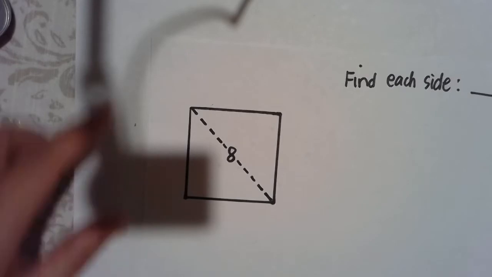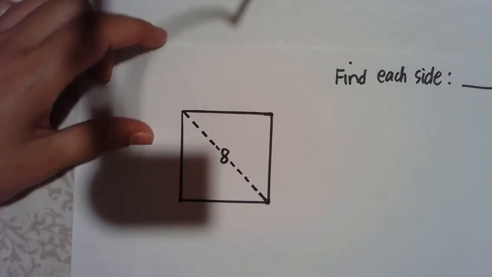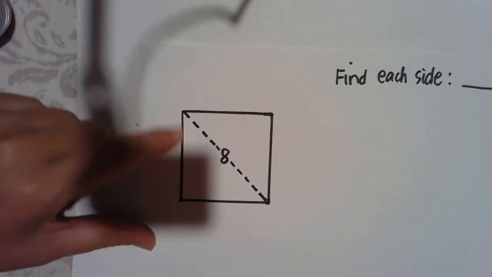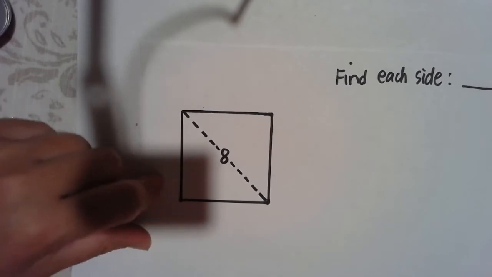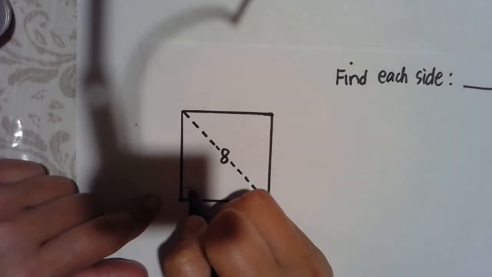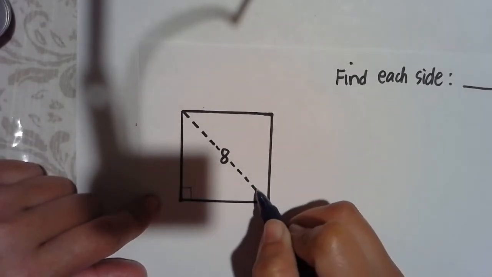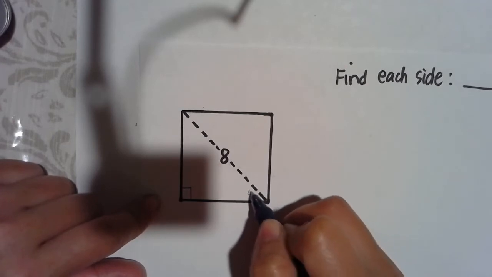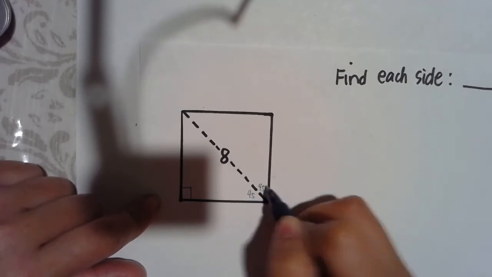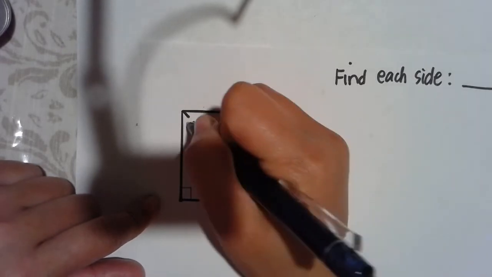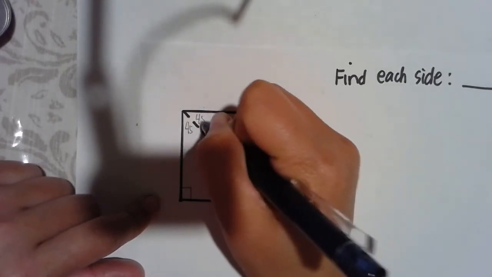Okay, for this problem, this is an example of a 45, 45, 90 triangle. This is my 90, and since this is 90 and cut in half, this would be 45 and 45.